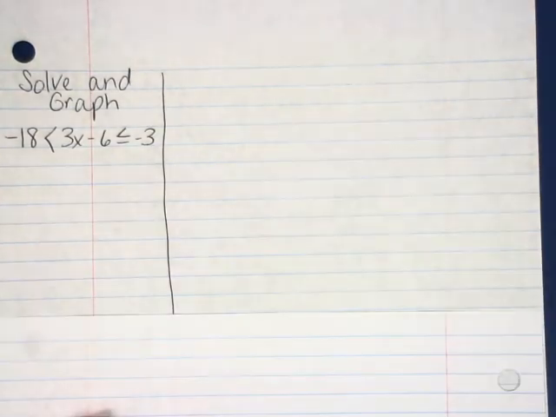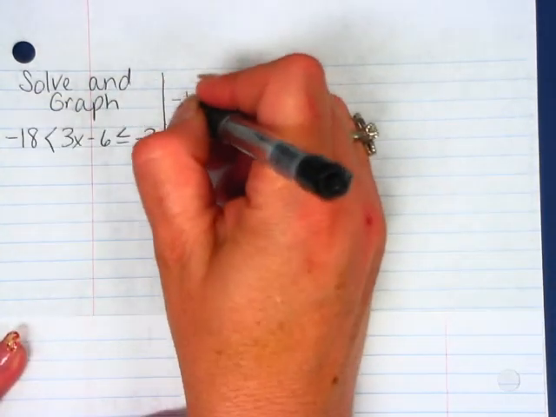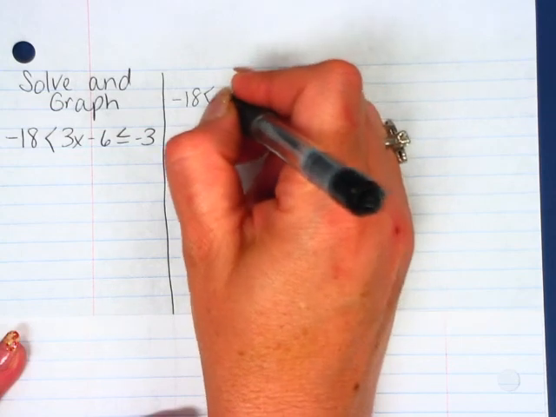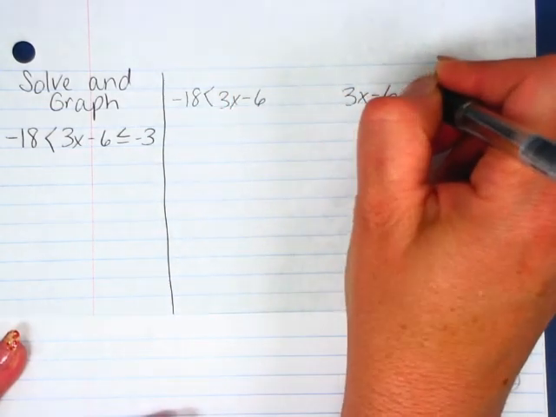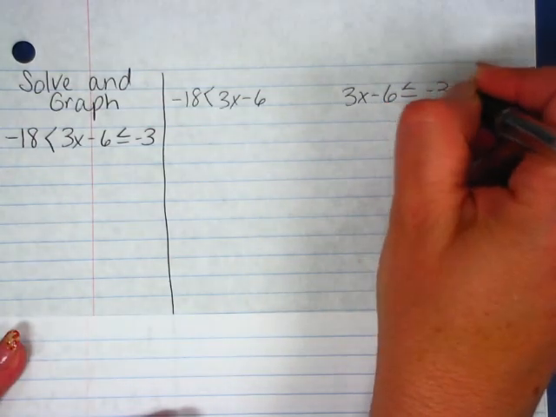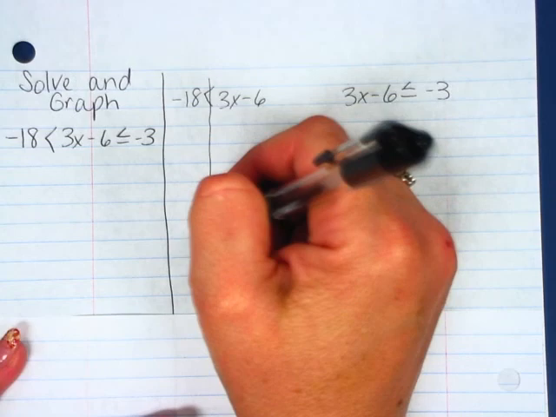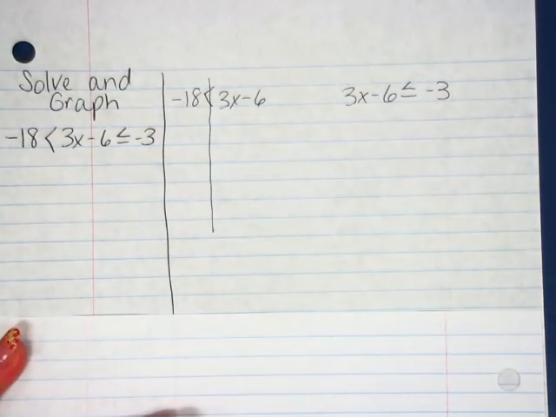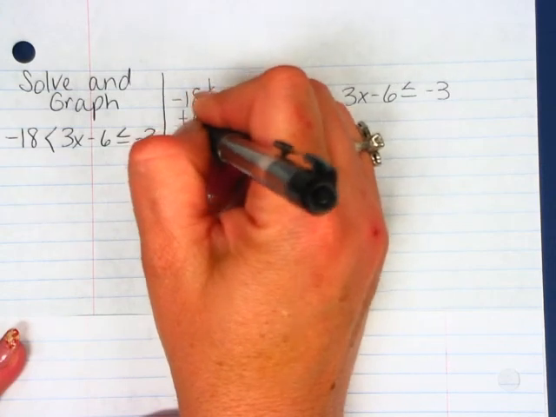All right, let's solve and graph another one. So again, we're going to separate it into two problems. Negative 18 is less than 3x minus 6, and 3x minus 6 is less than or equal to negative 3. Solving both of the problems. So opposite operations, adding and subtracting first. It's negative 6, so add 6 to both sides.